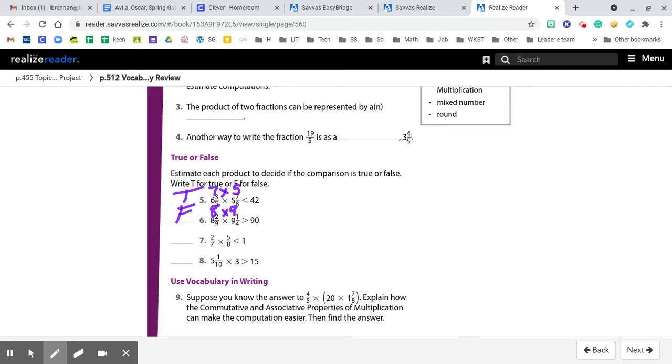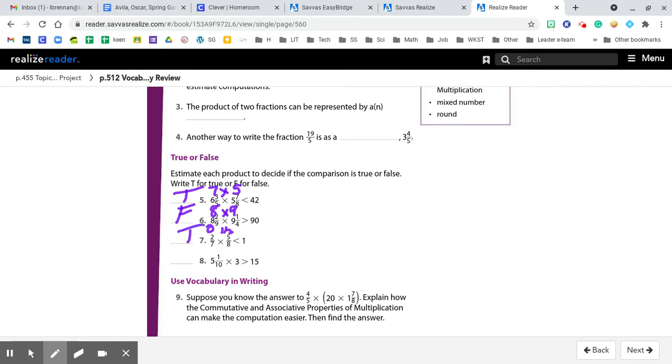2/7 rounds to 0, and 5/8 you could say rounds to a half maybe. So that would be less than 1, so that's true.